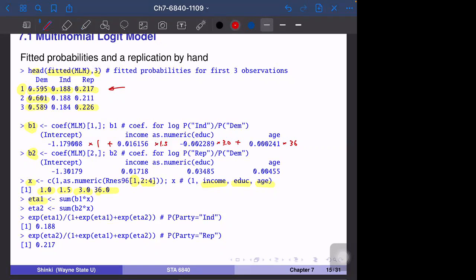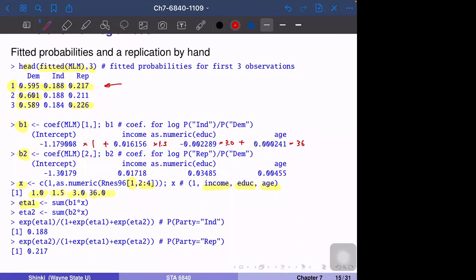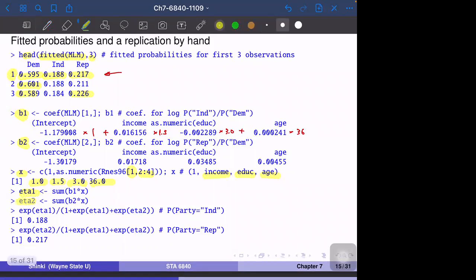Remember that the probability is the exponential of eta over 1 plus the summation of all the exponentials of eta. So we have to calculate eta for the second group as well: this eta is for independent over Democratic, and this is Republican over Democratic.